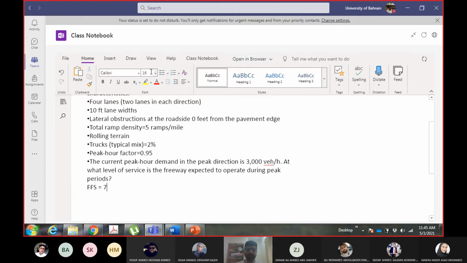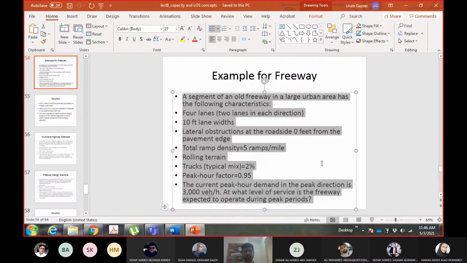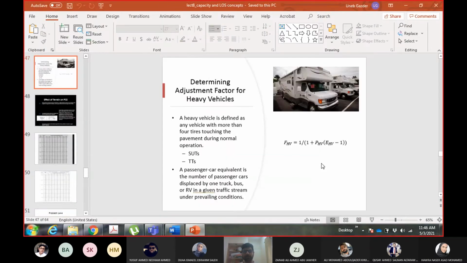For freeways, the free flow speed is calculated using this equation. I need the factors, FLW for example, which is the factor for lane width.